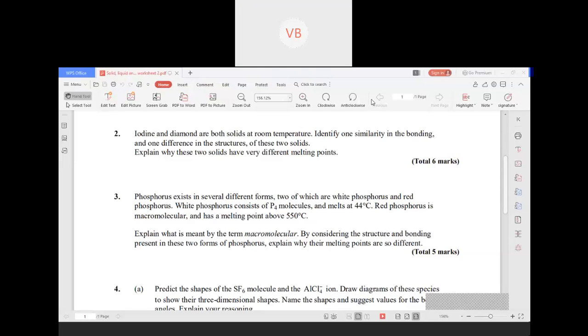I don't know the answer, teacher. The structure of diamond is giant covalent network. Okay, giant covalent network. Later I will tell you the discussion of this one.